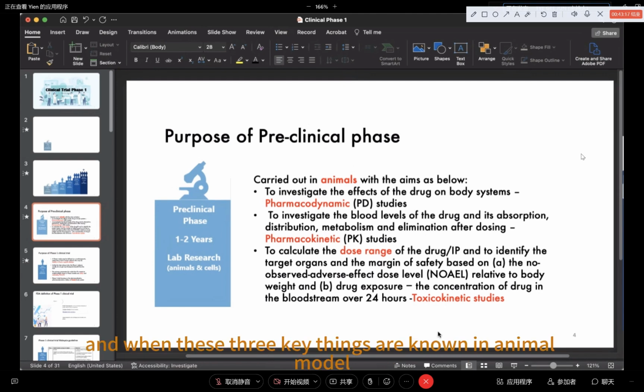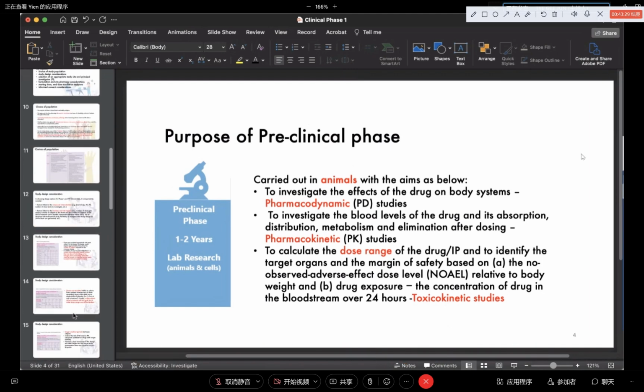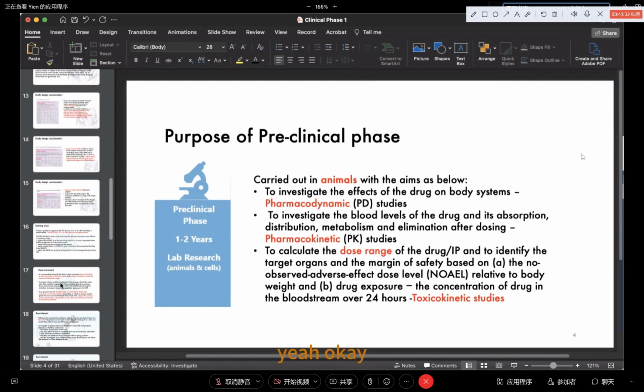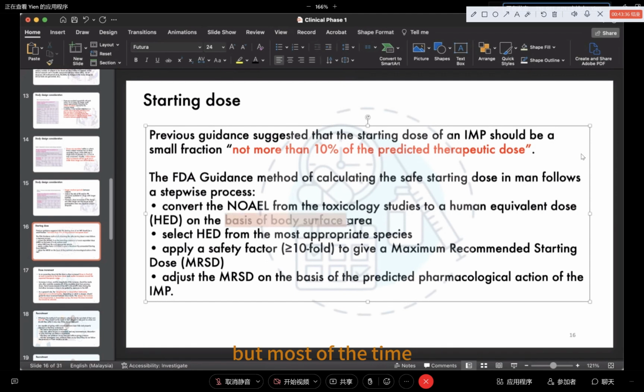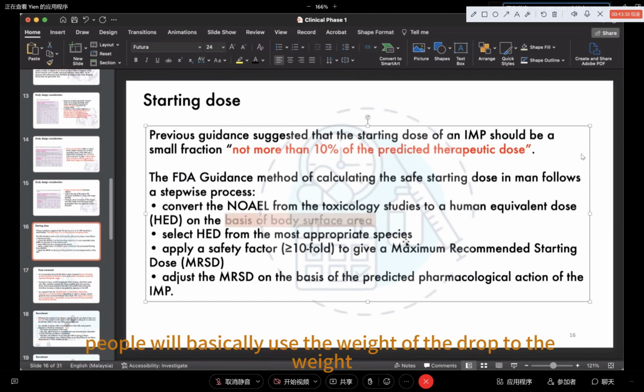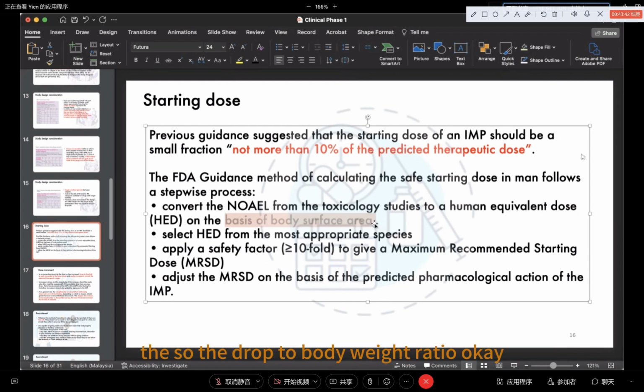Okay. And when these 3 key things are known in an animal model, one can then use, you mentioned something about using the body surface of the person, right? Yes. Okay, so I'm not too sure about using the body surface, but most of the time people would basically use the weight of the drug to the weight, so the drug to body weight ratio.